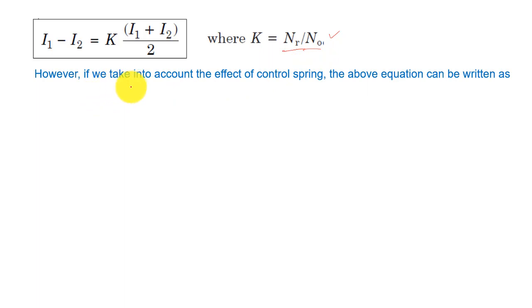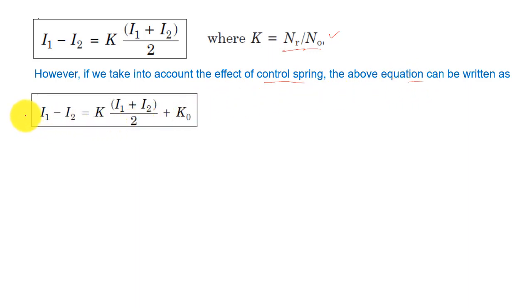However, if we take into account the effect of the control spring, the above equation can be written differently. If we consider the control spring from the beginning, you can derive it and you will find a constant, which we can represent as KO.